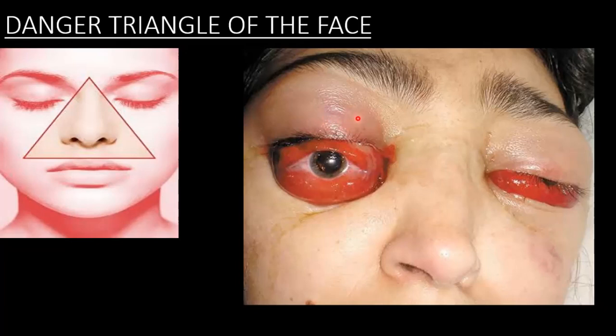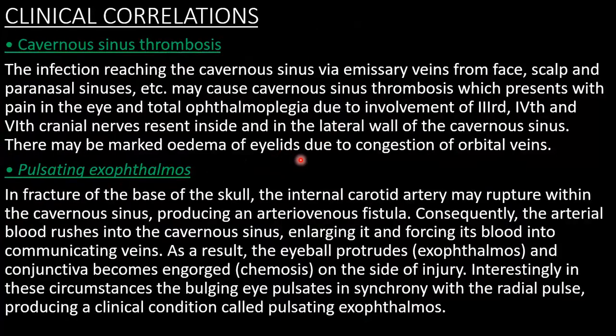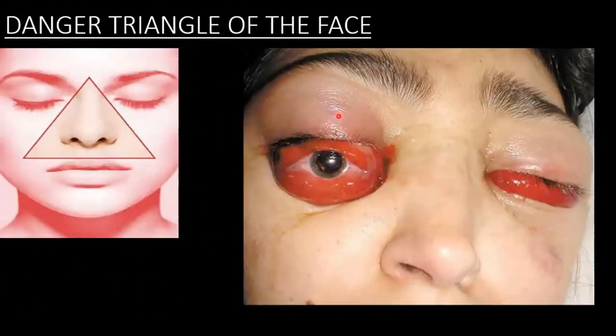This is usually fatal if the thrombosis spreads to other areas. And there will be total ophthalmoplegia due to involvement of cranial nerves 3, 4, and 6.